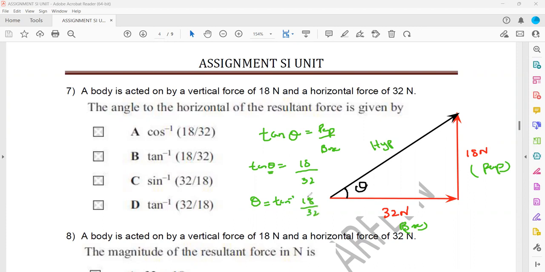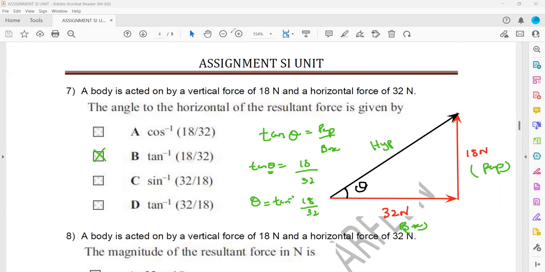So 18 by 32 tan inverse, that's why B is the valid answer. Whenever you need the angle, you will use a trigonometric ratio accordingly. Why specifically do we use tangent theta? As we have the base and perpendicular. What if we were having a perpendicular and hypotenuse? Then we will use sine theta. If we were having a base and hypotenuse, in that case we'll use cosine theta.